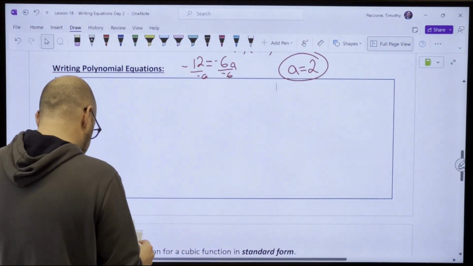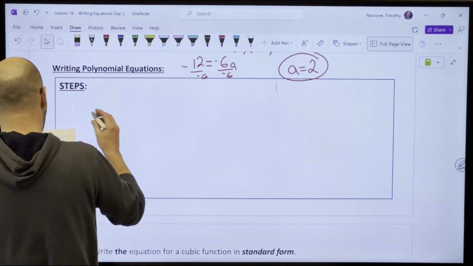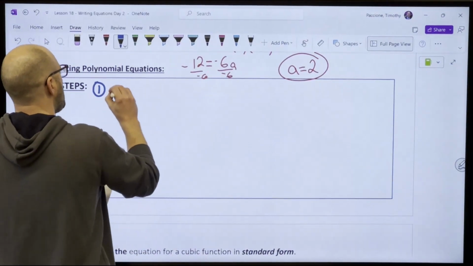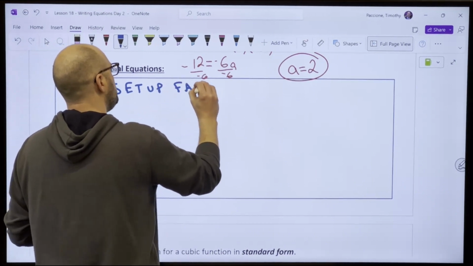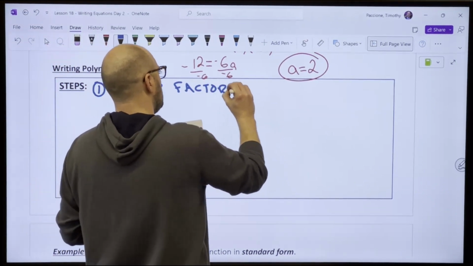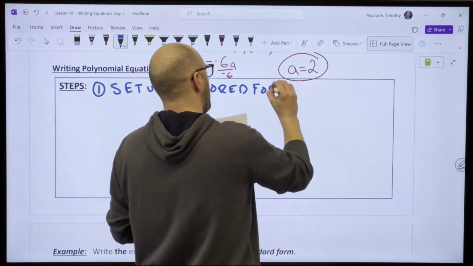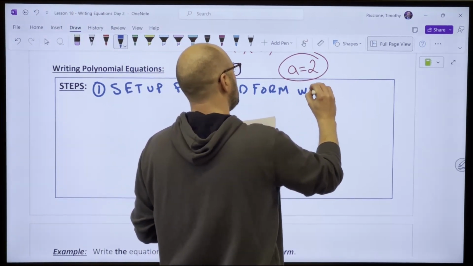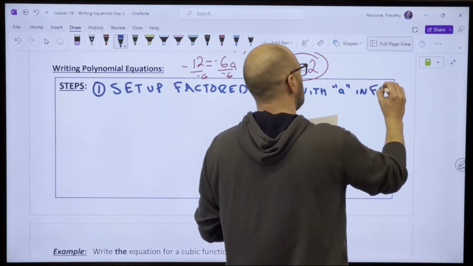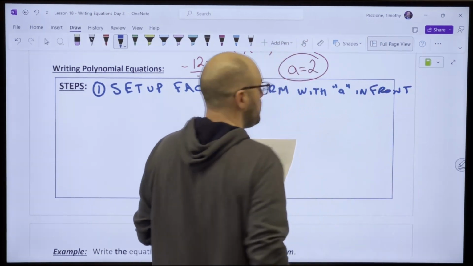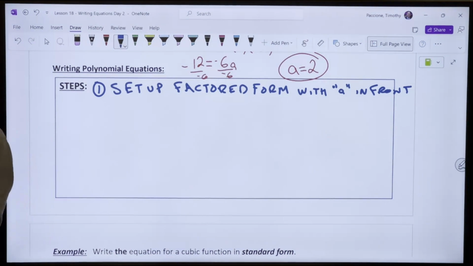So our steps that you want to follow every single time: 1, set up factored form with a in front. So you're doing your factored form, you're leaving a place for a.